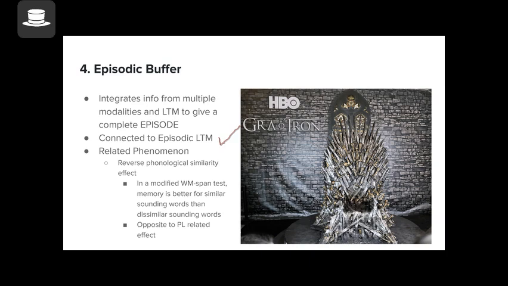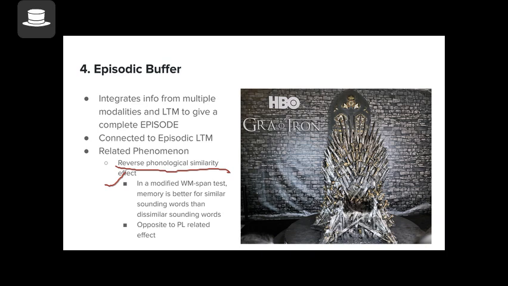There is one particular phenomenon related to episodic buffer. It's called reverse phonological similarity effect. Remember, phonological similarity effect is because of phonological loop's articulatory process, right? Where there is a difficulty in remembering similar sounding words when compared to dissimilar sounding words. Well, reverse phonological similarity effect is opposite of that.